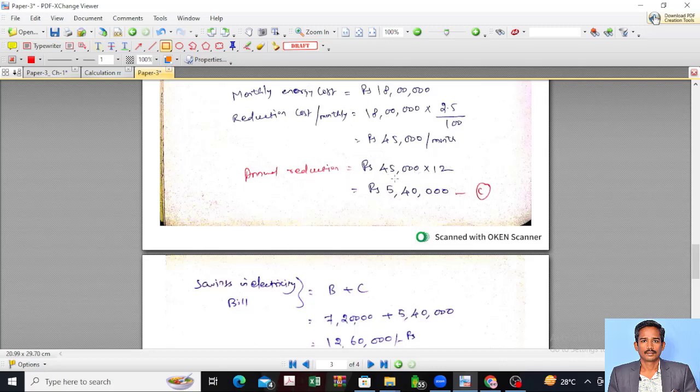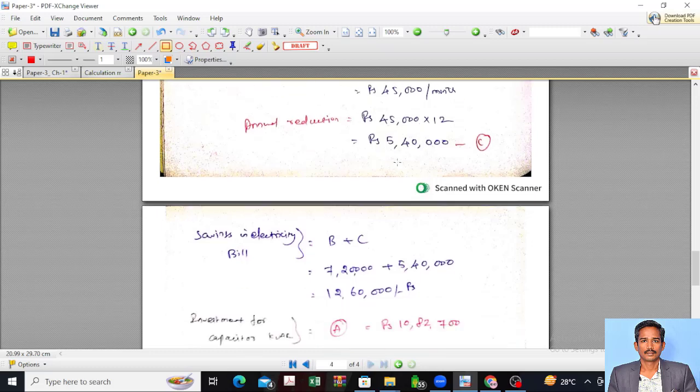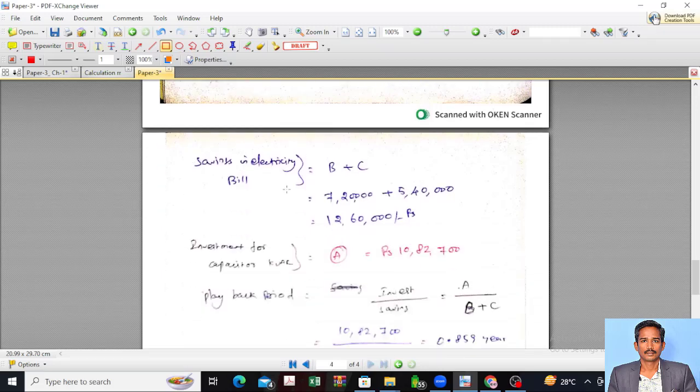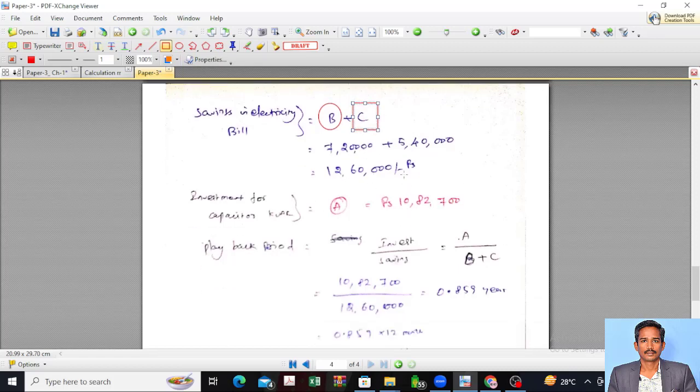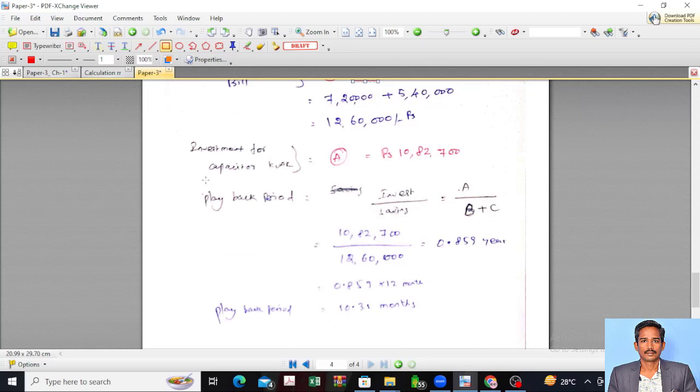We always have to calculate yearly, so 45,000 into 12 is 5,40,000 saving on the electricity bill. This is the incentive, and that is the maximum demand reduction. Total reduction is 12,60,000.